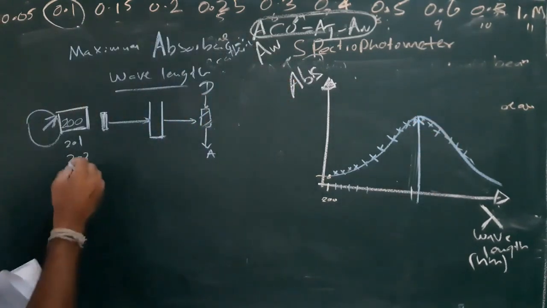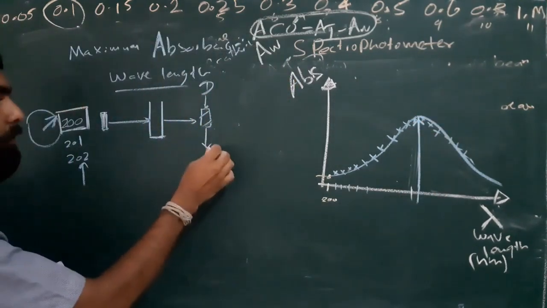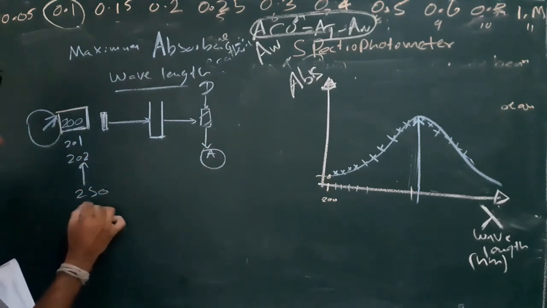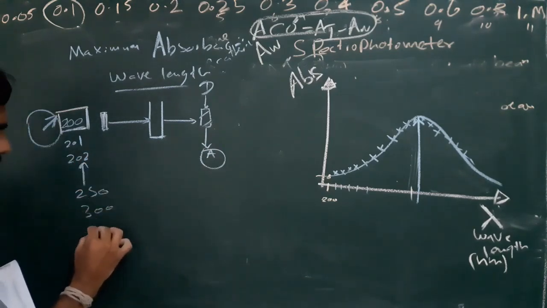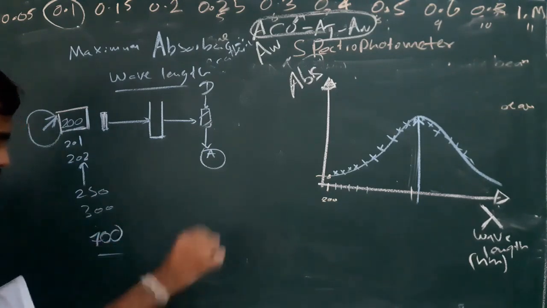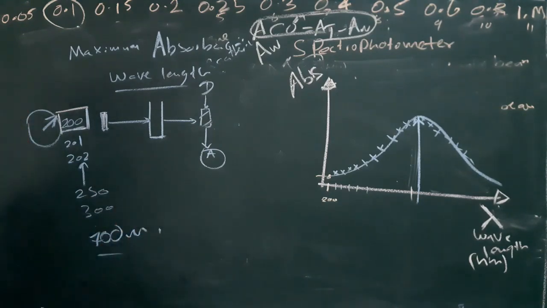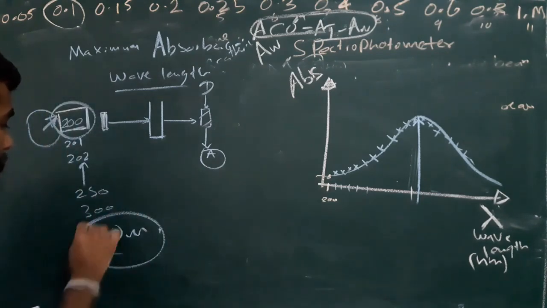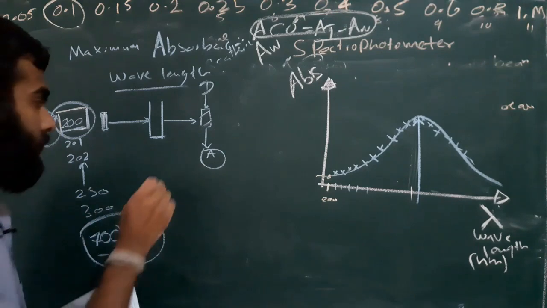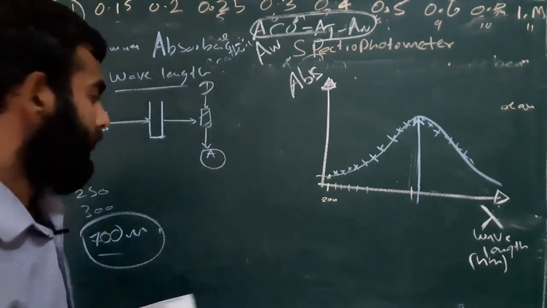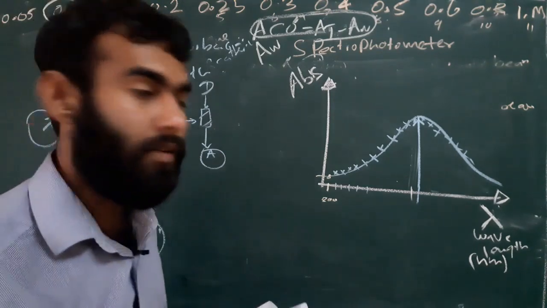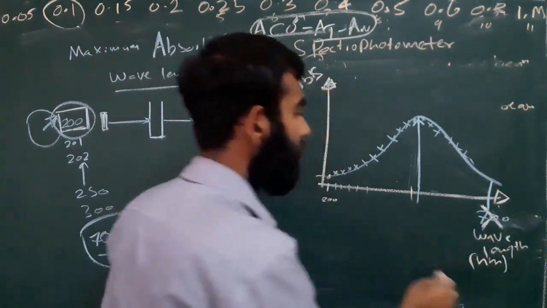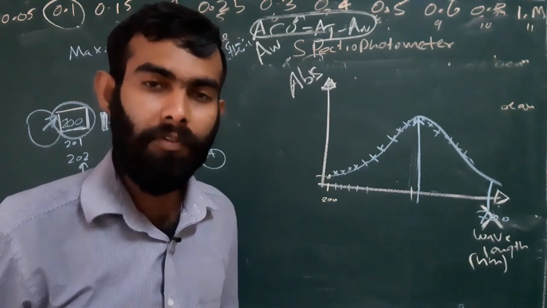What we did? We increased the wavelength and we observe the absorbance. 202, likewise 250, 300, likewise we will increase up to 700 nanometers, the visible region. From the UV region we will adjust the knob, this adjustment, and we will increase the wavelength up to the visible region, and we will observe this type of graph.